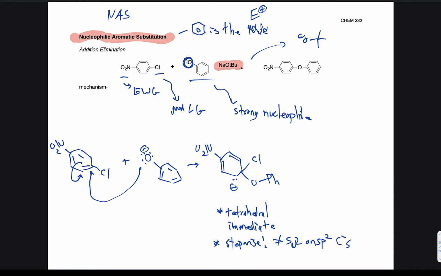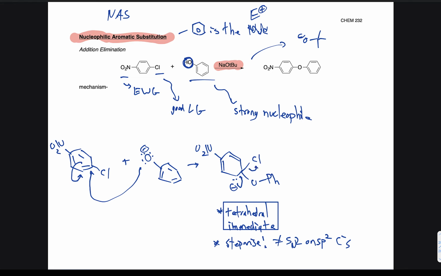We can't just have our nucleophile come in and kick off the chlorine in one single step. So instead of a concerted SN2, we have to do this stepwise, going through this tetrahedral intermediate, okay? And so after this, we reform the aromaticity, which kicks off our leaving group.